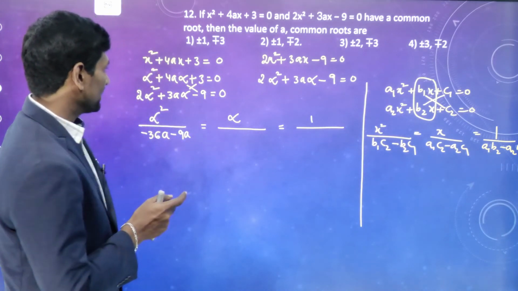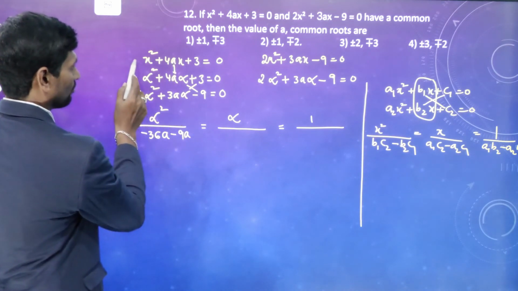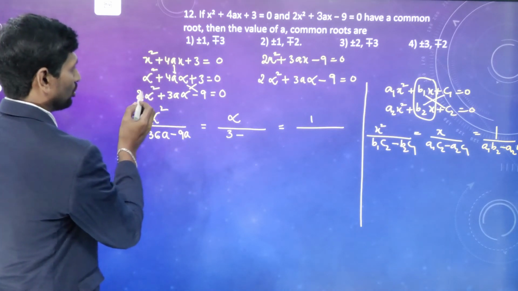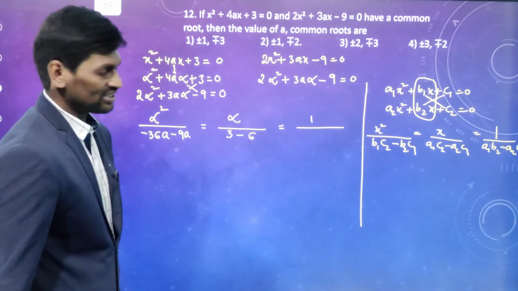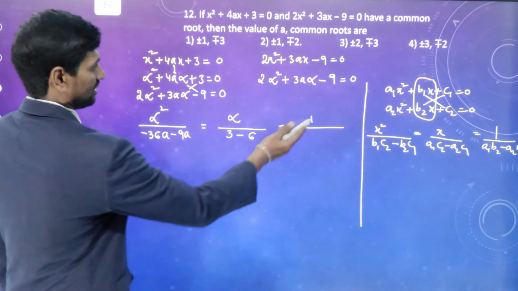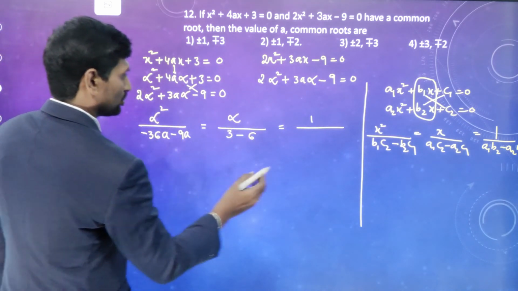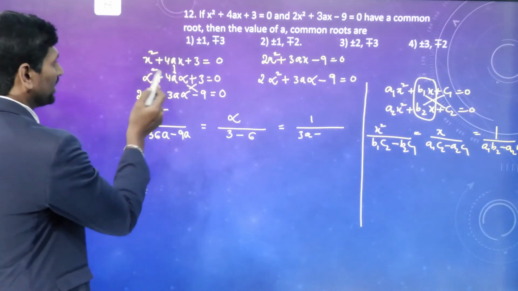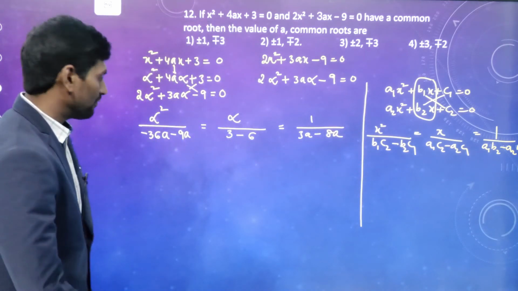Next, alpha term, that means the middle terms. We are leaving this: 1 into 3, 3, minus 2 into 3, 6. 3 minus 6. Next, the constant, this one: 1 into 3a, 3a, minus 2 into 4a, 8a. Simplify this.